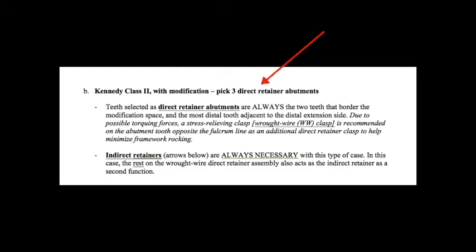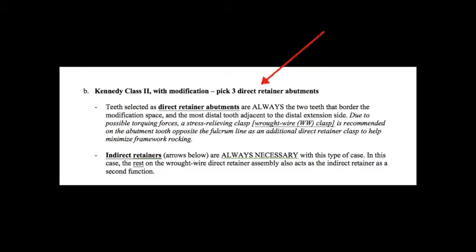In the KISS principle, when you go to the classification, class 2 with modification, they tell you to choose 3 direct abutments. And also this is a distal extension area, so you would know the framework will have a rotation.